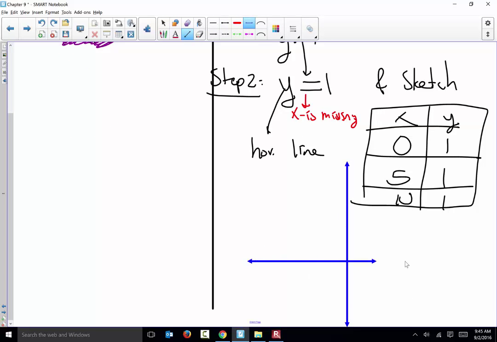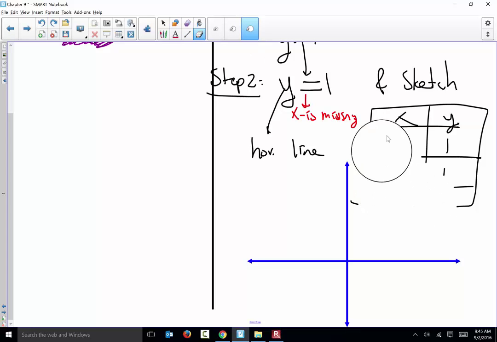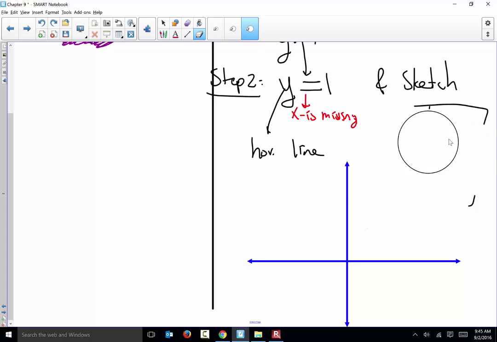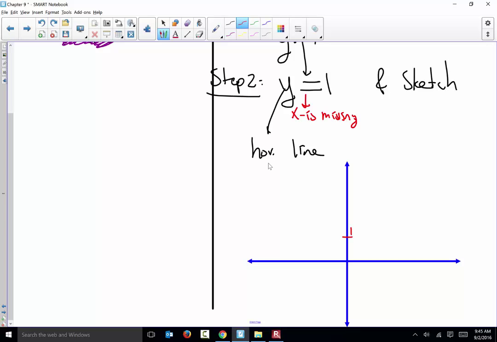Where is the y equal 1 line? I don't need this table. We already know it's a horizontal line parallel to the x-axis, 1 unit above the axis. So here is 1. I need to make a parallel here, correct? Is this the one?